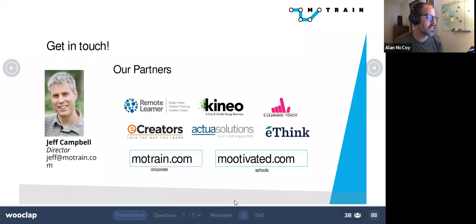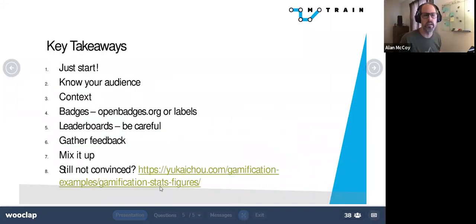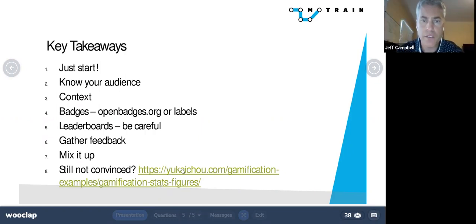Can you please share the link in the chat? It's hard to grab from the slide. Which link is it? Oh, I think it's this one here. Yeah, it's kind of hard to see there. If you just type UK Chow in Google, and then I think it's ROI, like return on investment, you will see a web page that'll come up right away with 90 case studies of gamification.